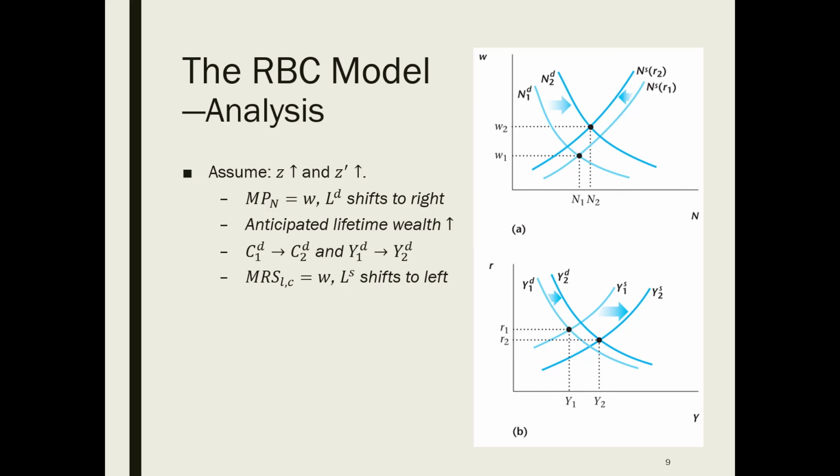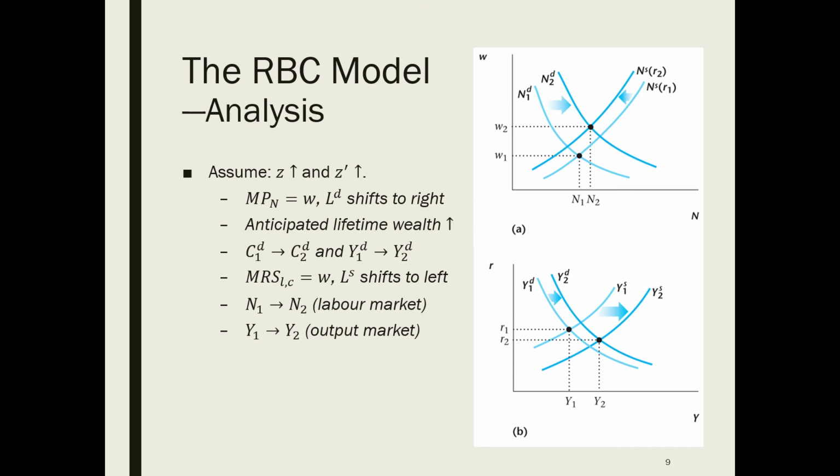A rise in leisure means a drop in labor supply, so the labor supply curve will shift to the left. However, this is a second round effect, so the magnitude on the supply curve is smaller than that of the demand curve.